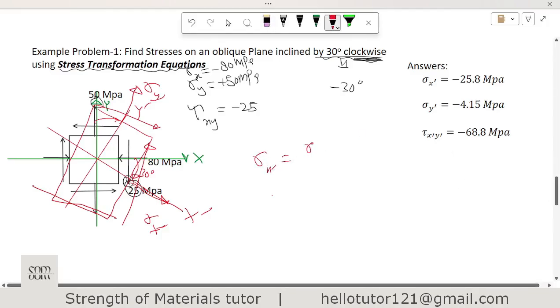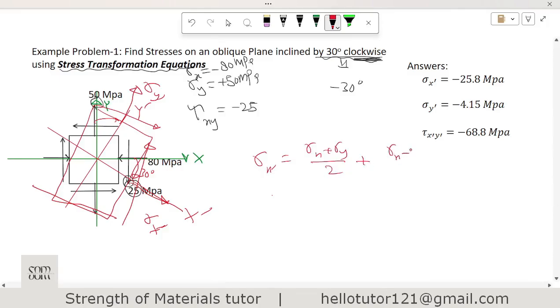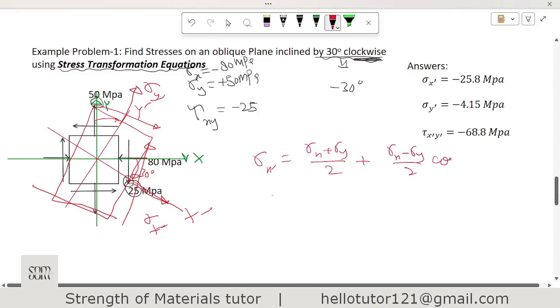Sigma x prime is (sigma x plus sigma y)/2 plus (sigma x minus sigma y)/2 cosine of 2 theta plus tau xy sine 2 theta. When we want to find sigma y prime, we have to replace theta with 90 degrees plus theta. And then we have tau x prime y prime.